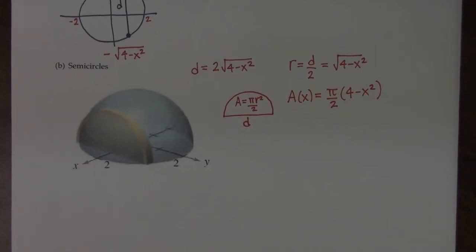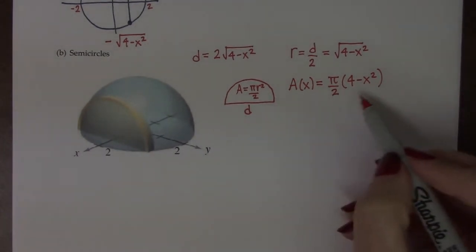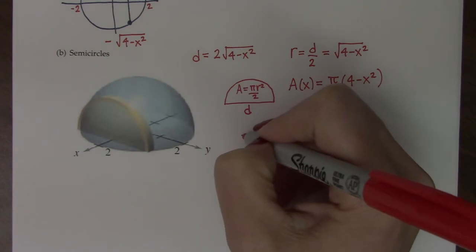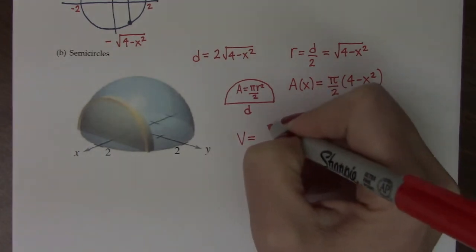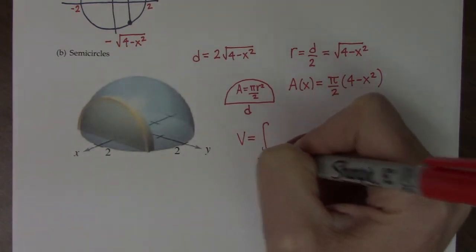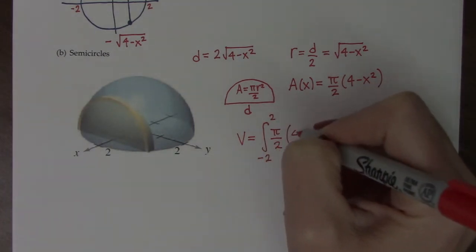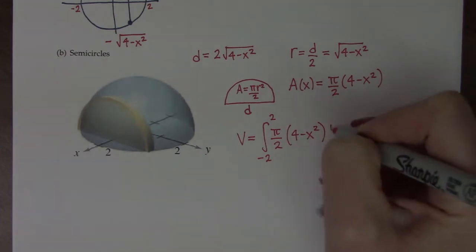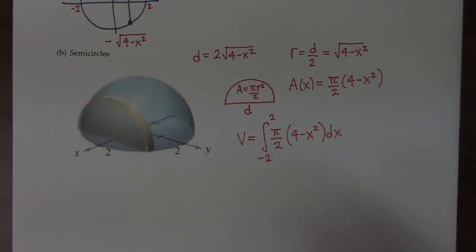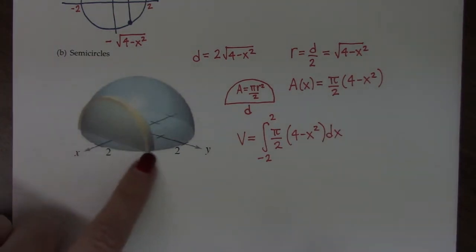So now that I have my function, or my area as a function of x, I can set up my volume integral. And once again, the bounds on x go from negative 2 to 2. So since I'm going from negative a to a, I want to look and see if I have symmetry, and I sure do.